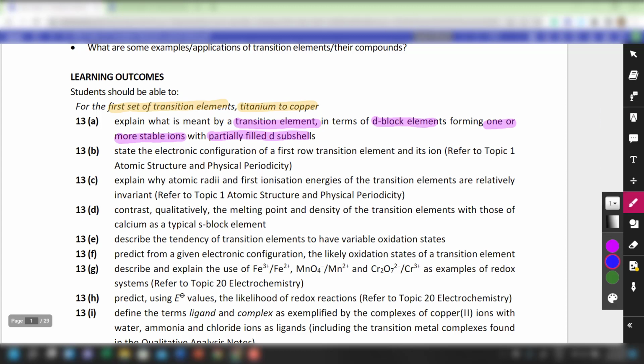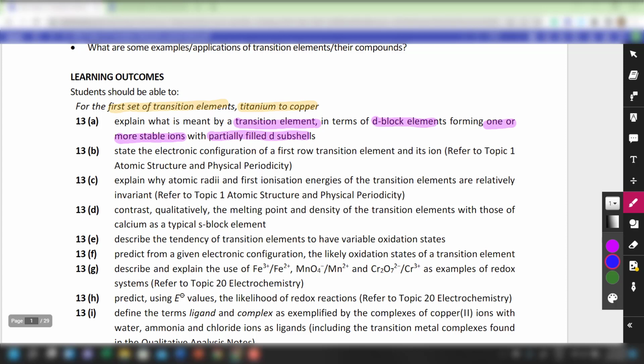I hope from the definition you are aware that if a d-block element wants to qualify as a transition element, it needs to form at least one or more stable ions with partially filled d subshells.